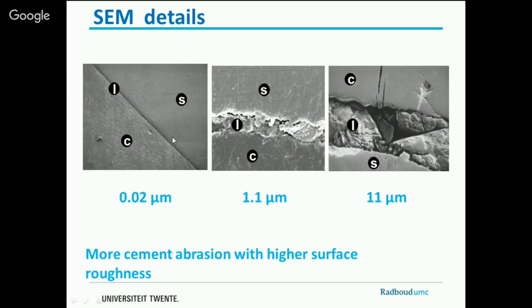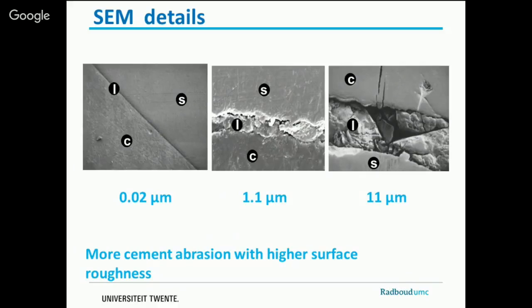And the polishing is exactly like this. So although we saw some subsidence, it is doing nothing to the cement mantle. If we make it very rough, it created a lot of wear particles and abrasion. You can see that these particles could enter into the bone and then cause osteolysis, and that's not what we want.